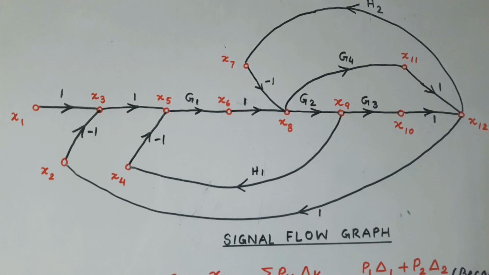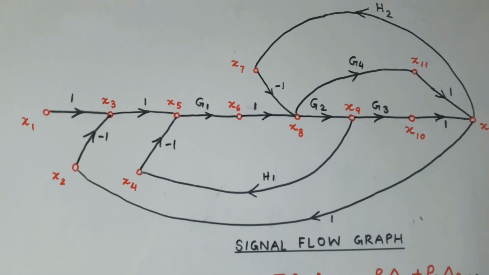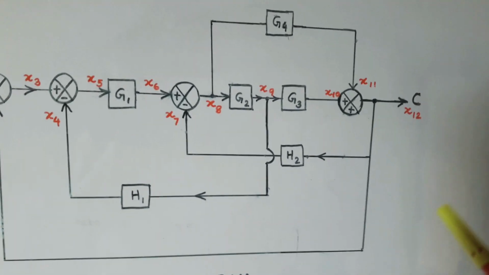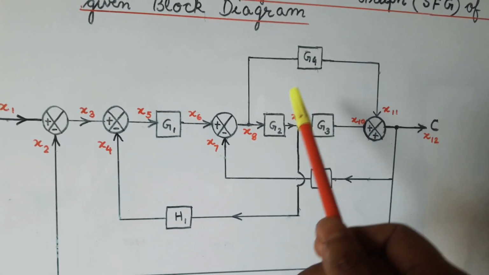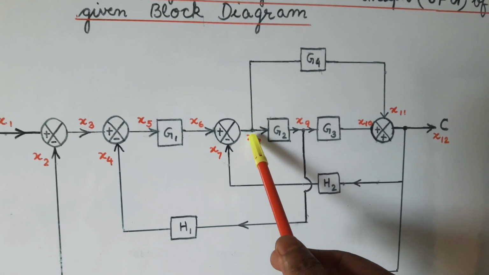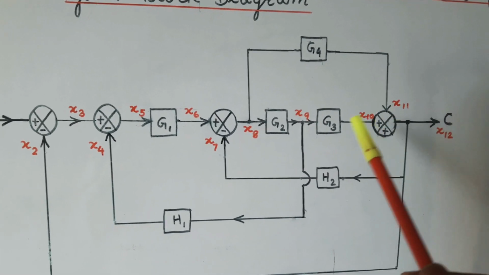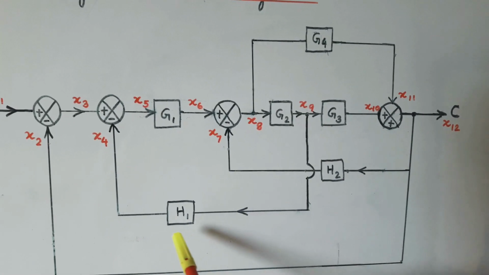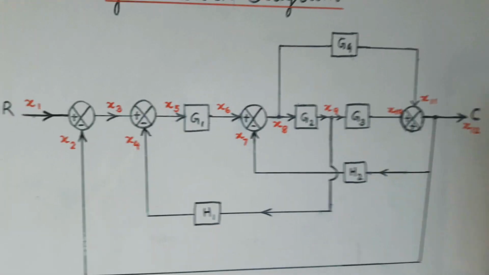we have to represent the gain in this signal flow graph. Now we find in this given block diagram that the block G4 is connected between this x8 and x11. Similarly, we find that this block H1 is connected between x9 and x4.